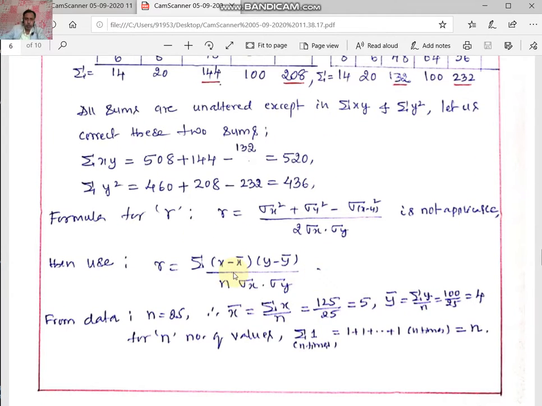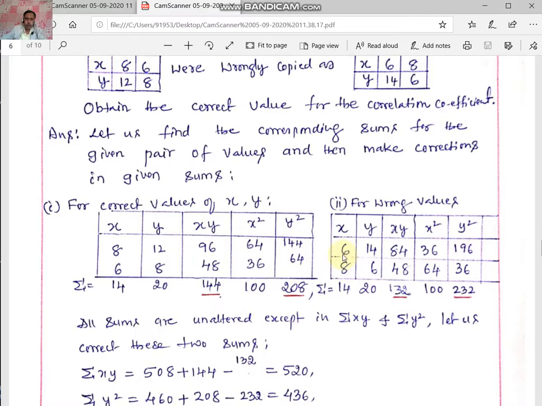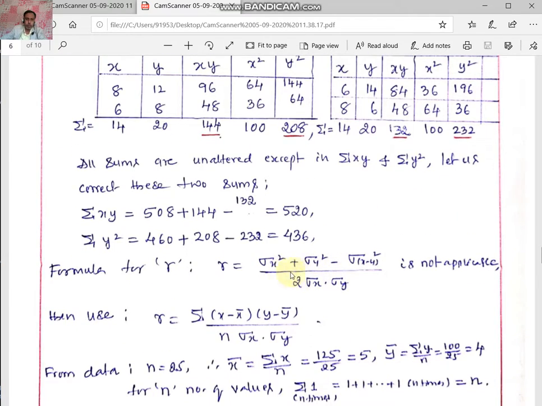And now the formula for the correlation coefficient. R is equal to sigma x square plus sigma y square minus sigma of x minus y whole square, divided by 2 into sigma x into sigma y, is not applicable. Why? Because from this data or from this table we cannot find the variances sigma x square, sigma y square.